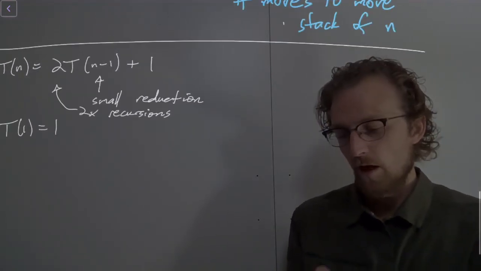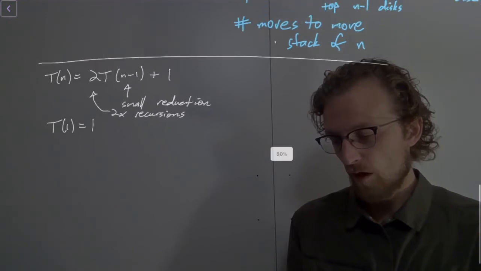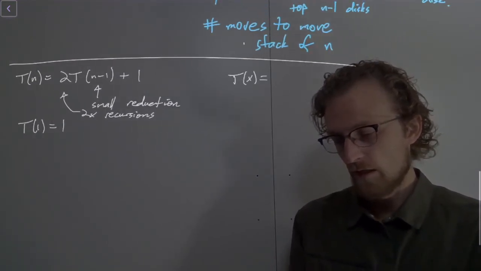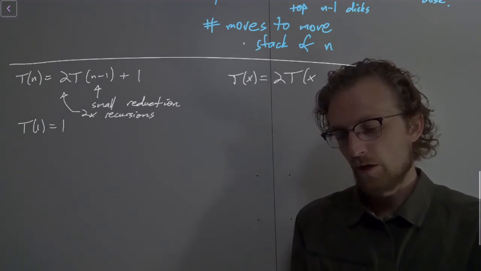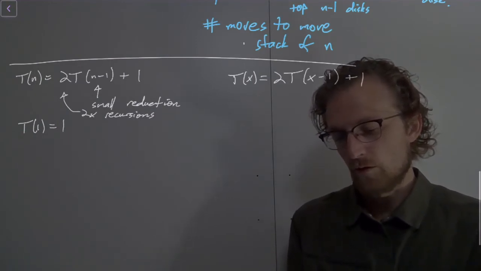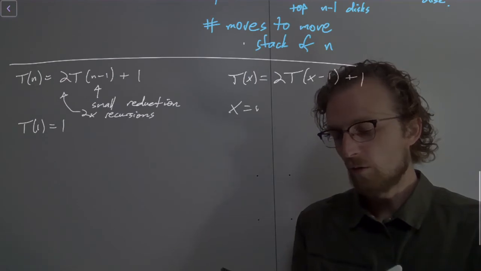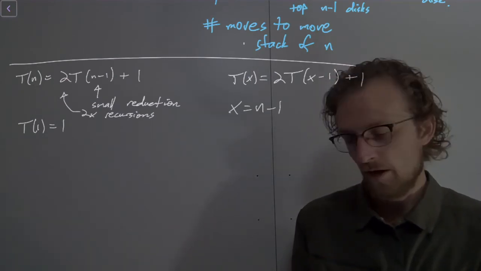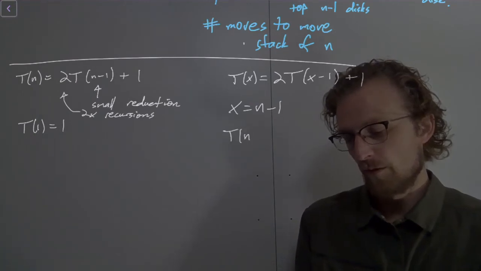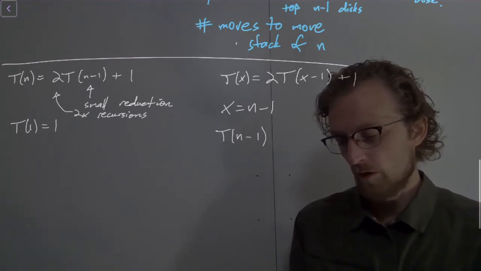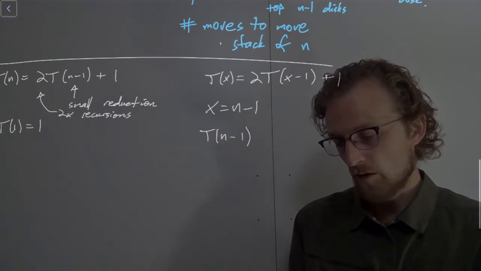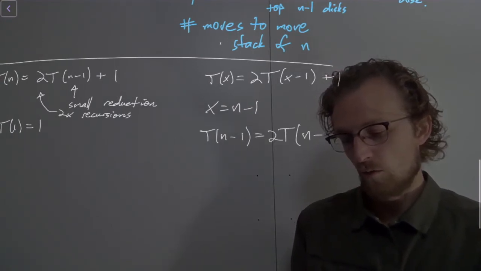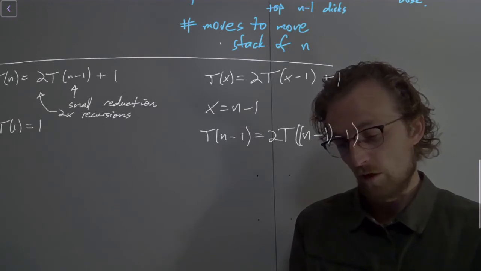I'm going to follow my program that I love so much, and I'll say here's my T of x. T of x is 2 T of x minus 1 plus 1. So for x equals n minus 1, we're solving the first case that we see right here. Then we'll be able to derive an expression for T of n minus 1. T of n minus 1 is 2 times T of n minus 1 minus 1, plus 1.